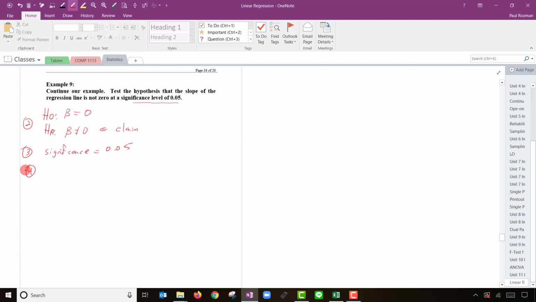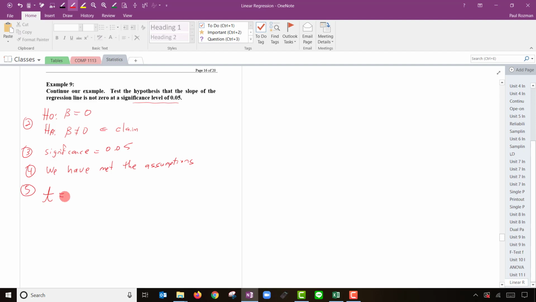Step 4, assume we've met the assumptions. That's the bivariate normal distribution issue. And then step 5, we calculate our test statistic, which is a t-score.